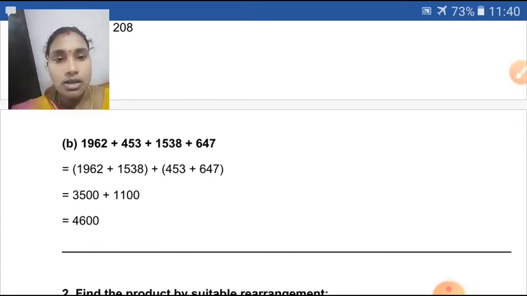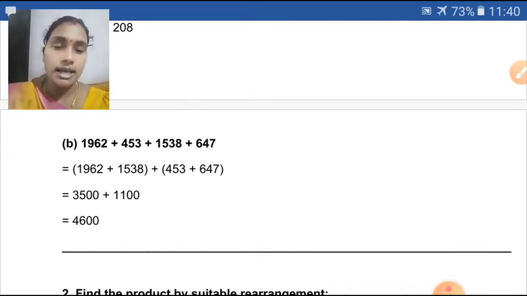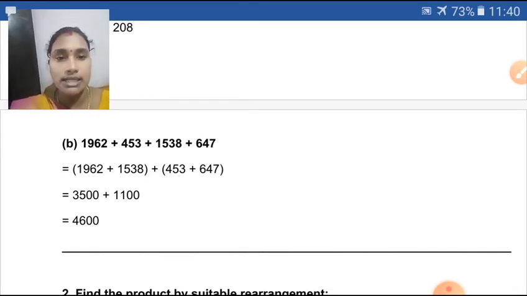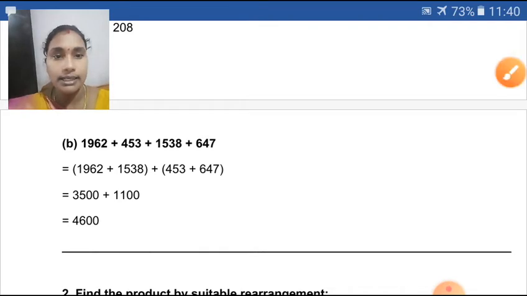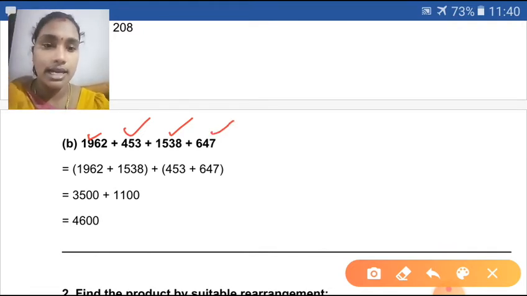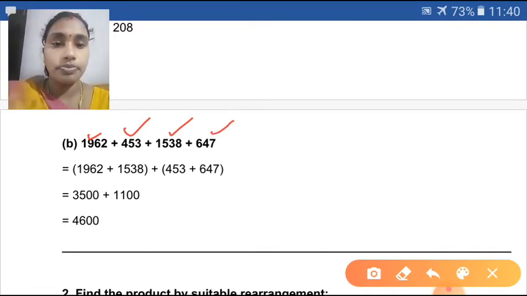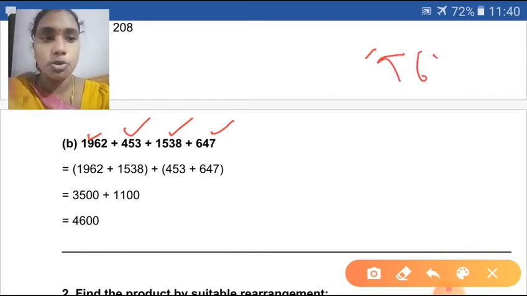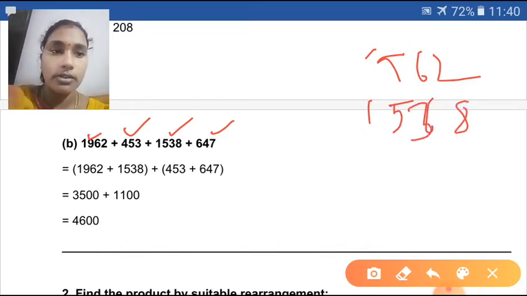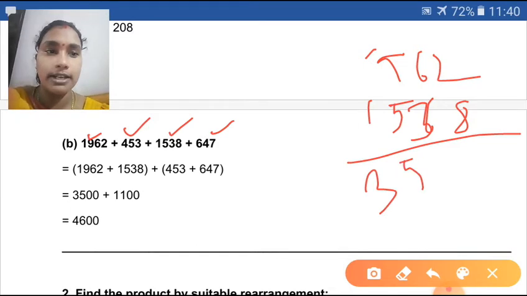The next sum is 1962 plus 453 plus 1538 plus 647. Take the 4-digit numbers on one side and the 3-digit numbers on the other side. 1962 plus 1538 will give you 3500.